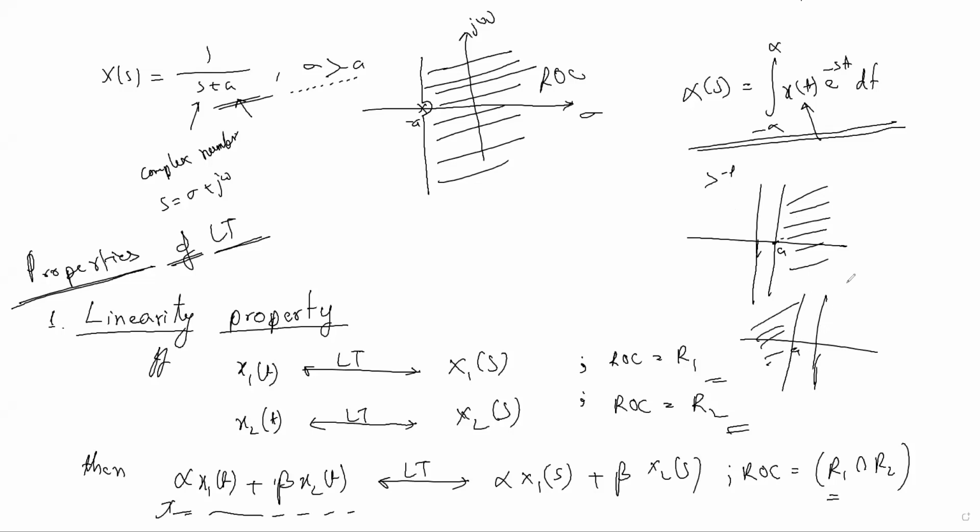This is region R1 and this is R2. When you find the intersection, you can see there is no intersection for this graph. So then you can say that the signal does not have the Laplace transform. Like that you should say the statement.